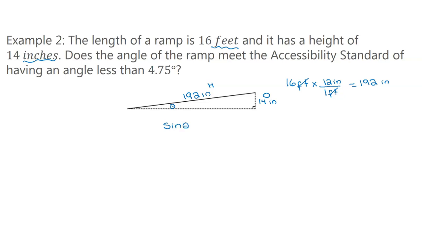So sine theta equals 14 over 192. Now again, to find the angle, we're going to have to do the sine -1 button on the calculator. So when we put that in, we should get an angle of 4.2 degrees.